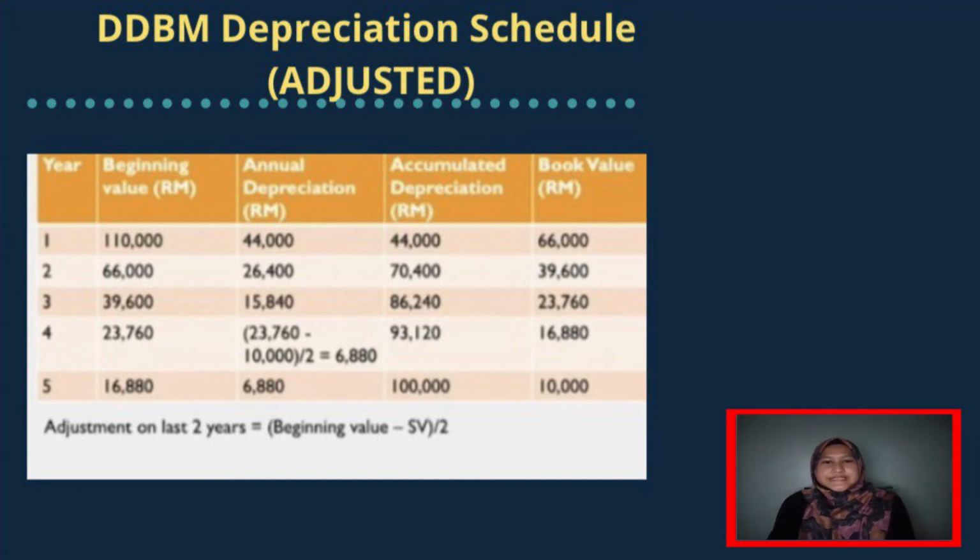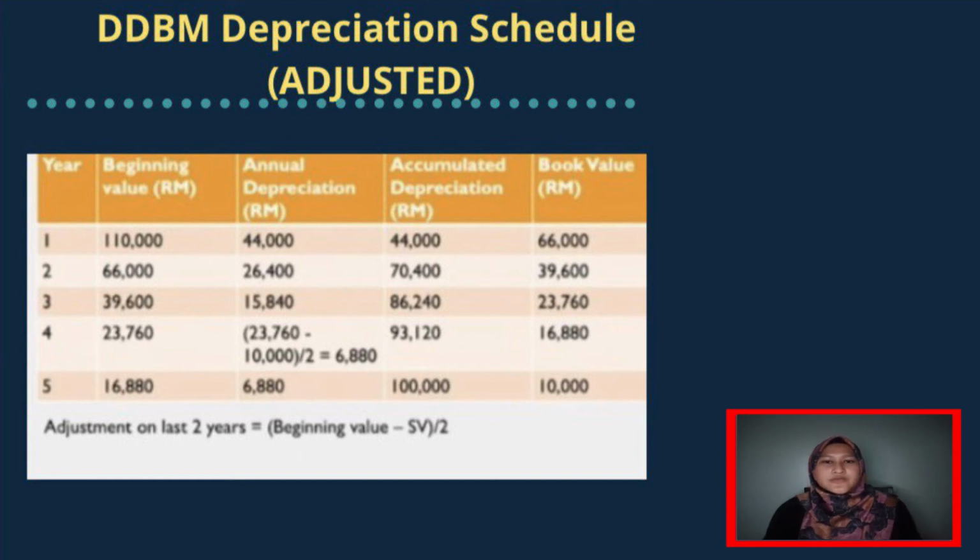So this one is the adjusted DDBM schedule. We need to take the last 2 years to make the adjustment. Book value year 3, you carry forward to beginning value year 4, then at annual depreciation, we need to make adjustment. For example, from this table, book value year 4 minus salvage value divided by 2.